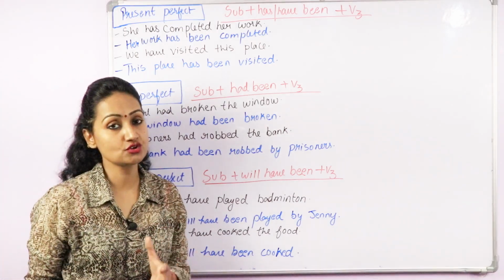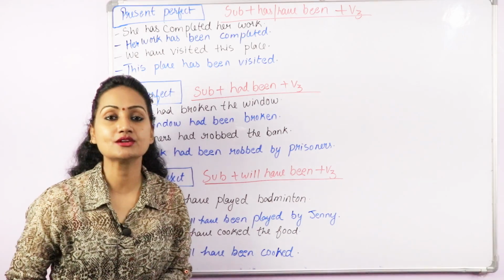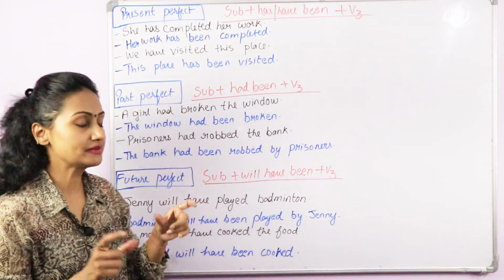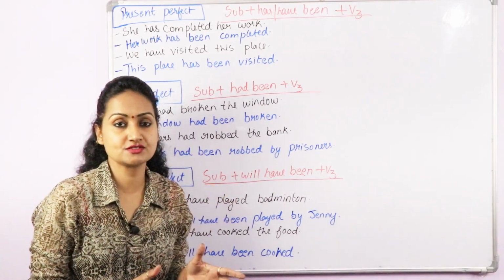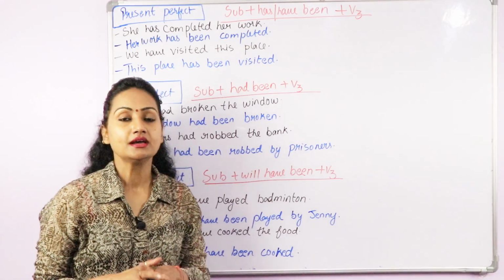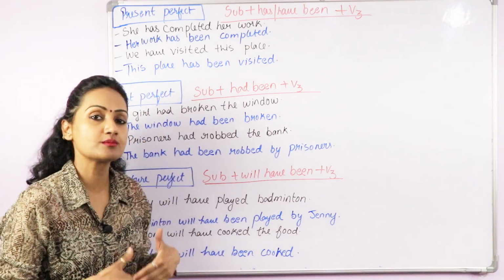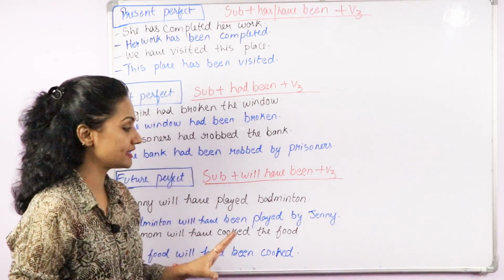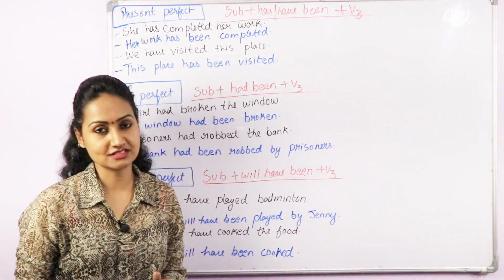By the time I reach home, the food will have been cooked. So the meaning is the same, whether it's a passive sentence or an active sentence. It's just that the action is more important. We are emphasizing the action rather than the subject. That's why we have made passive sentences.